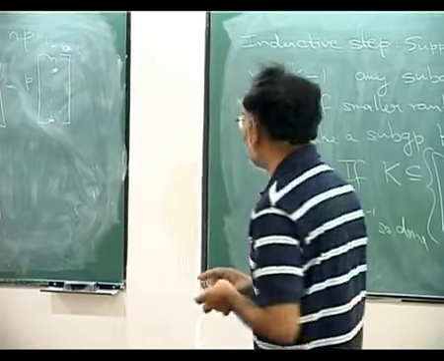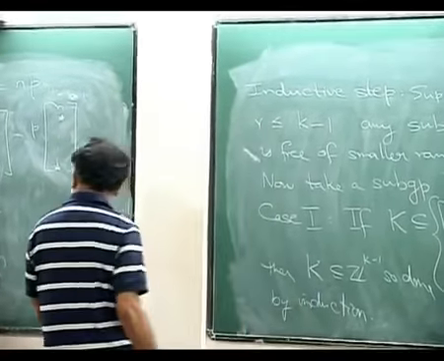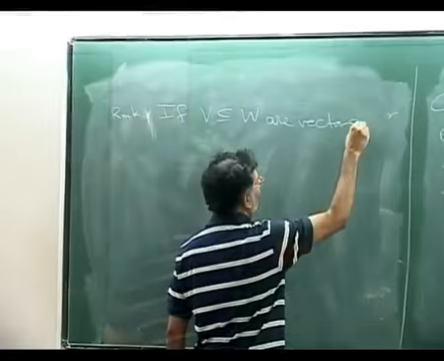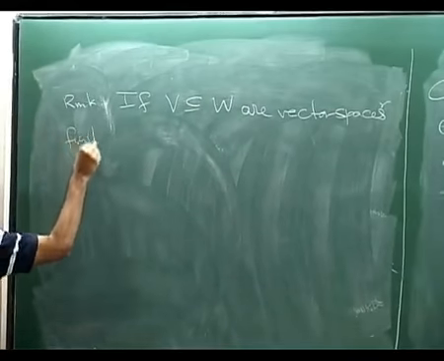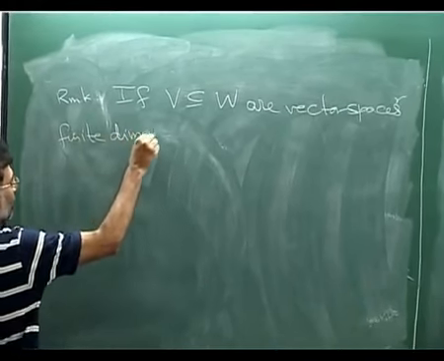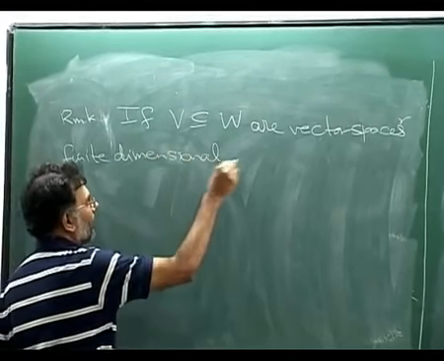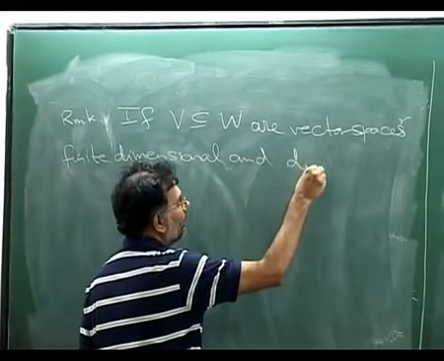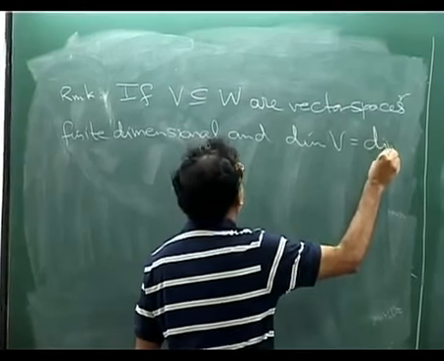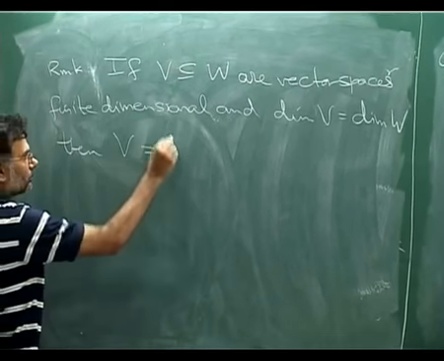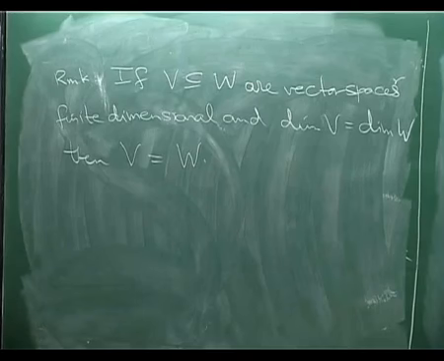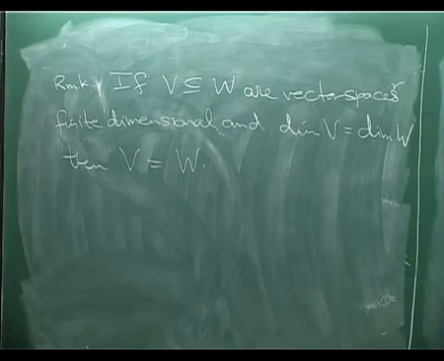And here there is an important difference between the group case and vector spaces. For finite dimensional vector spaces, if V is contained in W and the dimension of V is equal to the dimension of W, then V equals W. Once you know that the dimensions are equal, necessarily V and W are equal. This does not happen for groups.